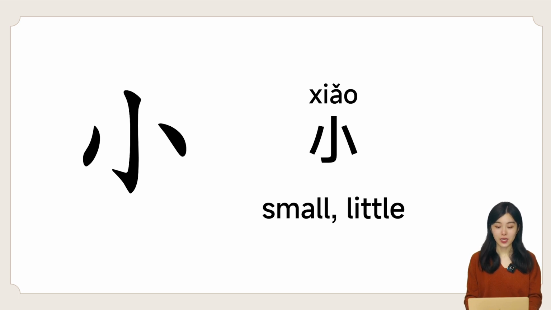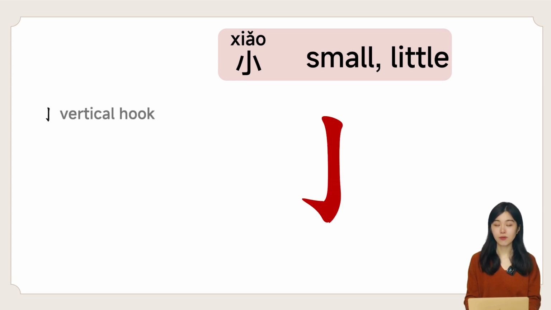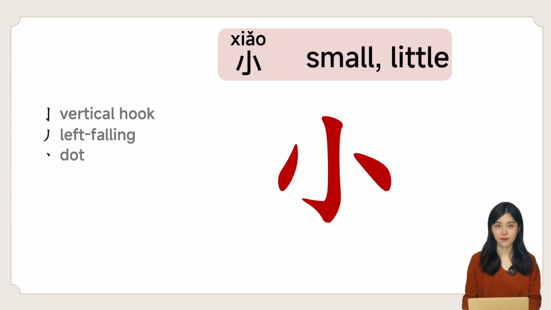Please read it after me. See how to write it. First we write the vertical hook. Then, which stroke should we write first? Yeah, the left falling on the left, and then the dot.